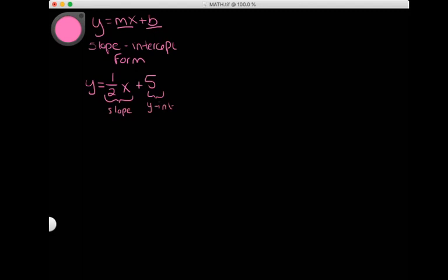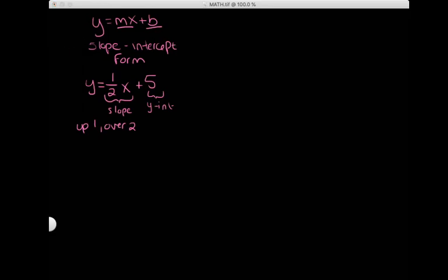That means that this line goes up 1 over 2. And if we were to graph this line, we would see that it crosses the y-intercept at positive 5. So this is our slope-intercept form, and that's what we have been working with in class.